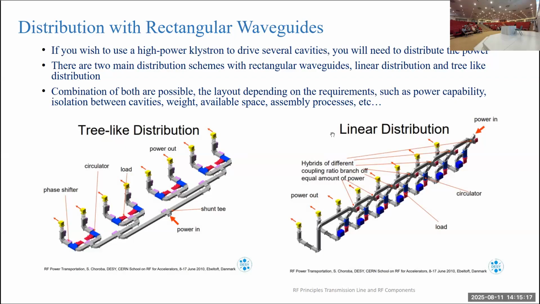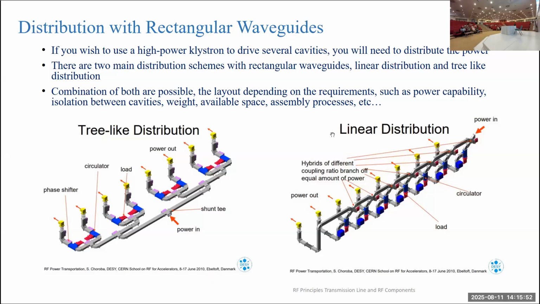One is called a 50-50 beam splitter, and the other is called a shunt T. I shall discuss the shunt T. The 50-50 beam splitter is quite simple compared to the shunt T, because it is a waveguide which is divided into 2 ports. It's a 3-port waveguide. RF from one port is divided into the other ports. But the shunt T is a little different. I shall explain in the next slides.